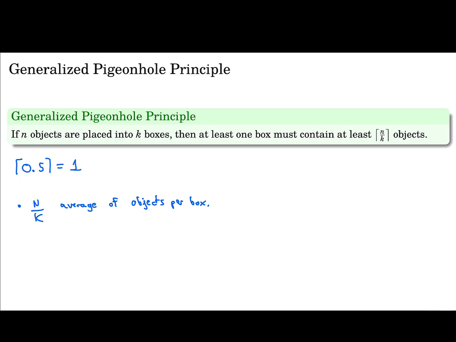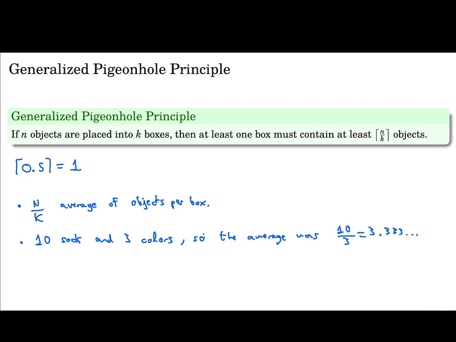So in the socks example, we had 10 socks and 3 colors. So the average was 10 divided by 3, equal to 3.333 and so on.